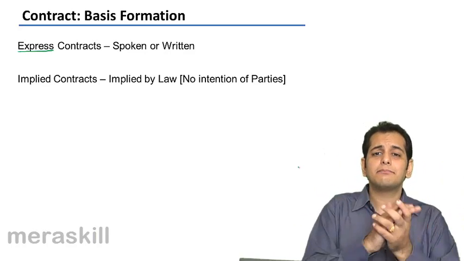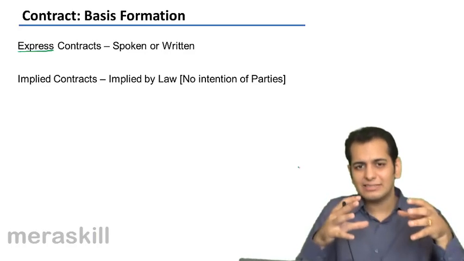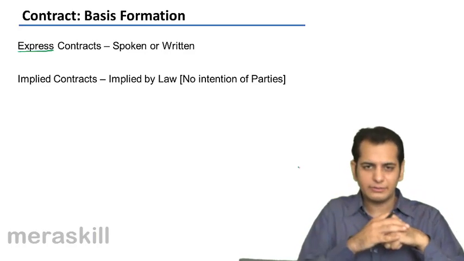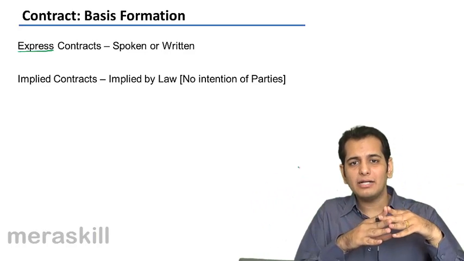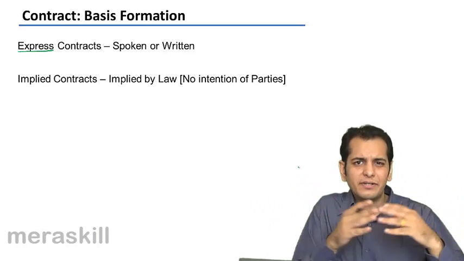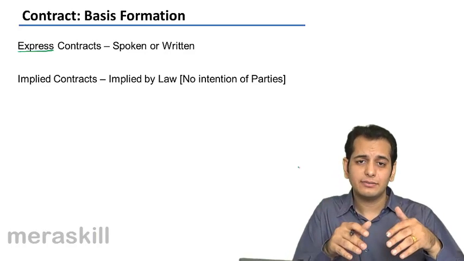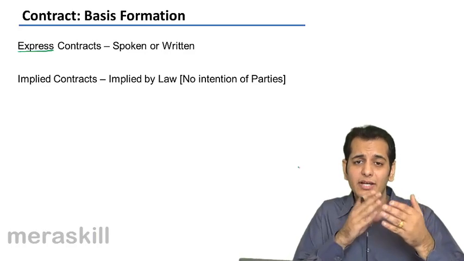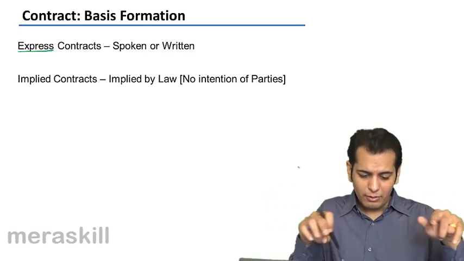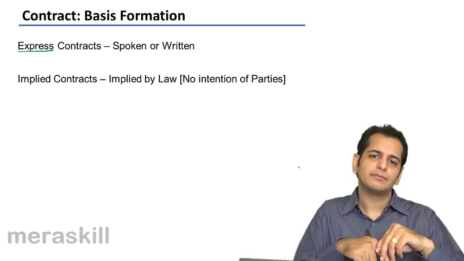Now, these were the examples wherein the parties intended to get into contracts. There may be cases where parties do not intend to get into contracts, yet the law forces the contract on them, yet the law gets them within the purview of a contract.